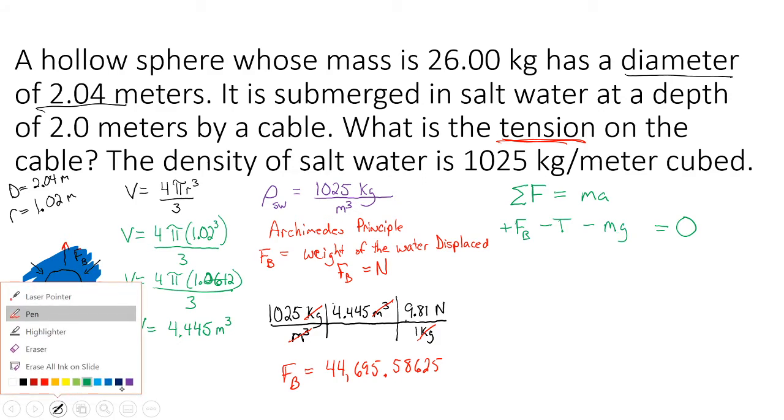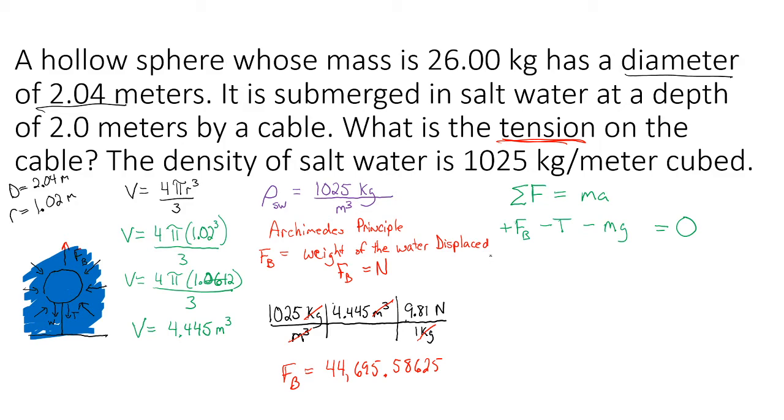So we can begin putting stuff into this problem. The buoyant force is positive 44,695.58625. Tension is the variable we're looking for. The mass is 26, and the gravity is 9.81. Zero's still 0.